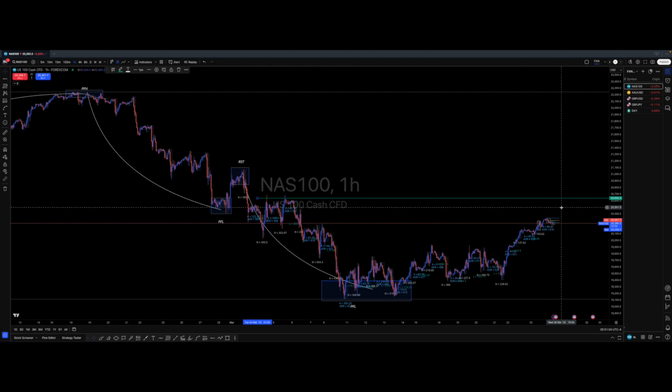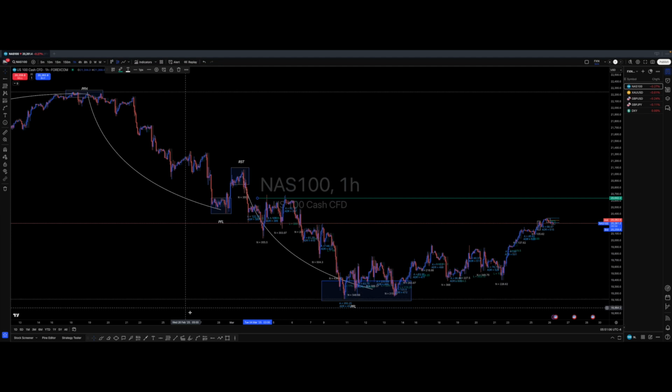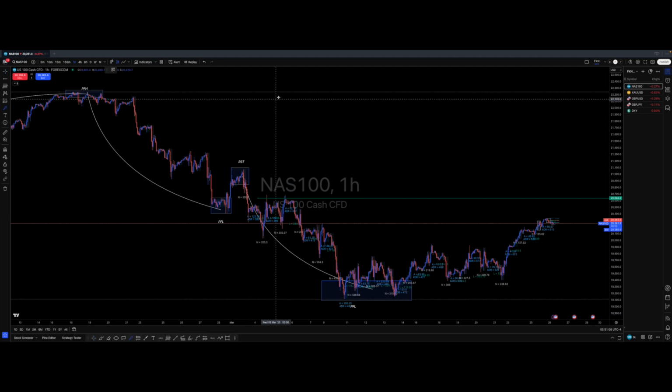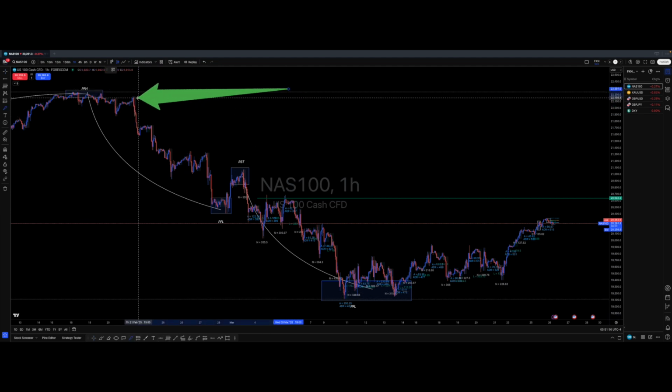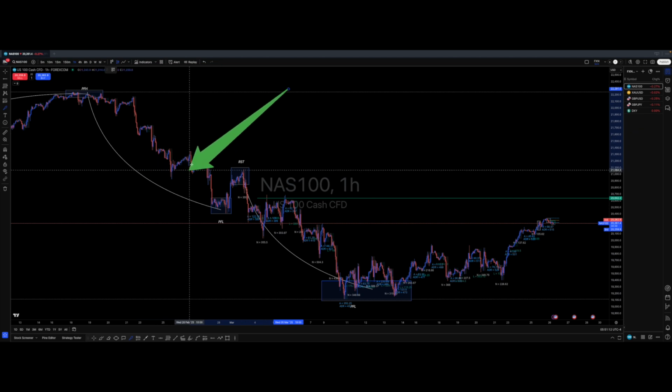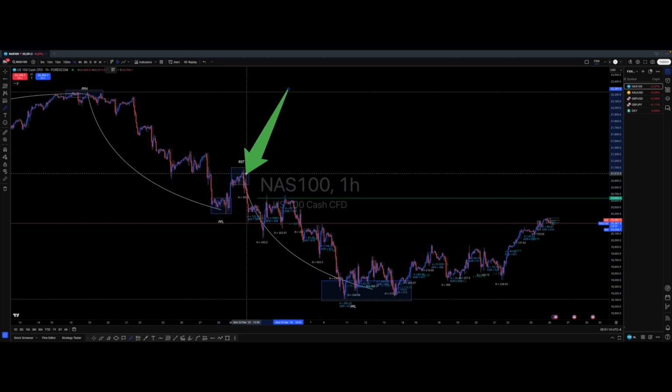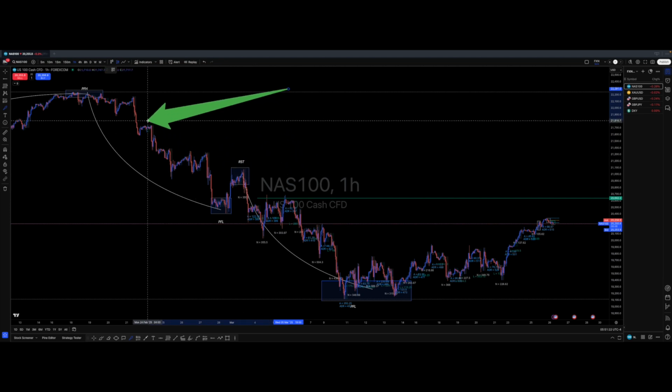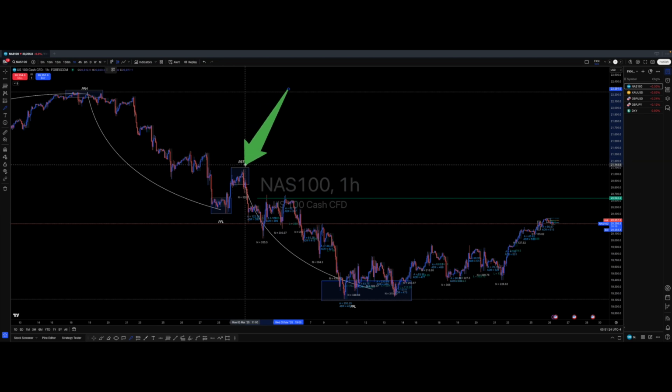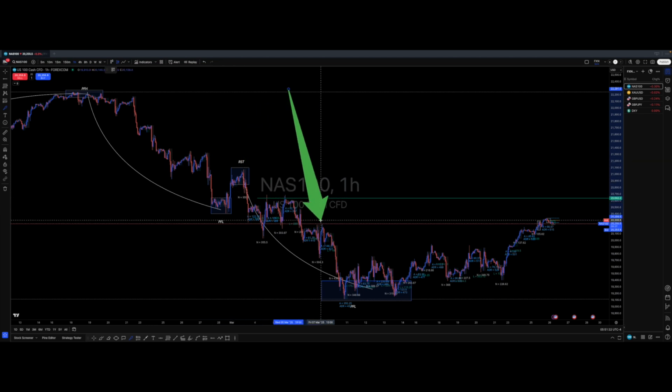All right, so again, all of these pullbacks have orders sitting on top of them from different types of traders who trade support and resistance, breakouts, trend lines, all that stuff, right? So there are going to be orders all throughout on top of all these previous highs here.